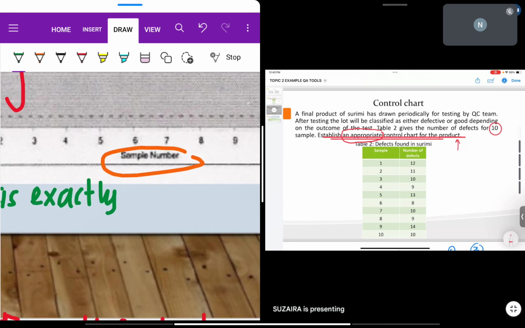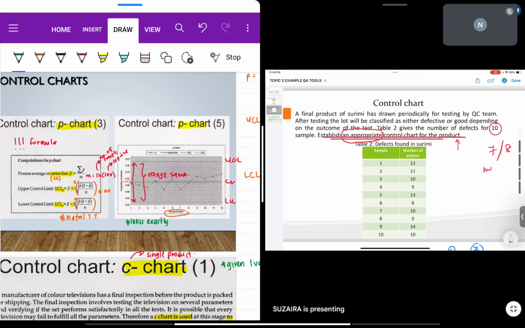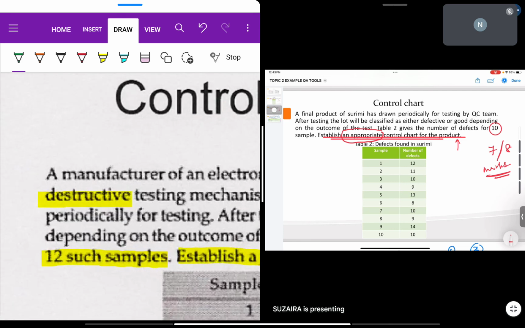So you can determine it based on the points that you plot between the UCL and LCL. But these questions also carry more or less 7 or 8 marks, the same as the Pareto question just now. Okay, Putri.